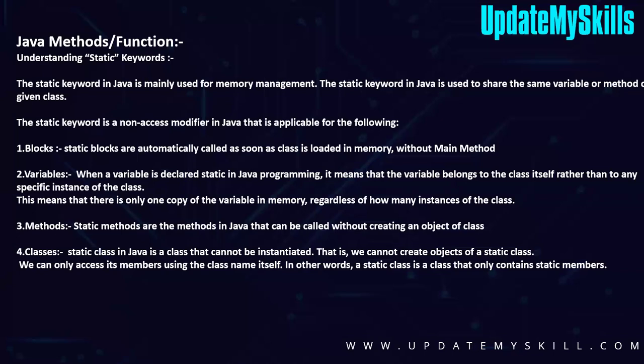Why do you need this kind of static keyword? Take the example of a bank transfer. You send money to your friends, you receive money from your friends, or use PhonePe. You are doing a lot of things. What is the common thing? Your account number and your routing number never change.